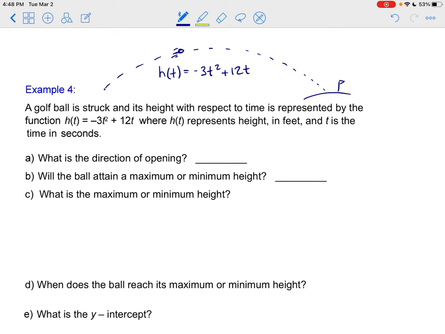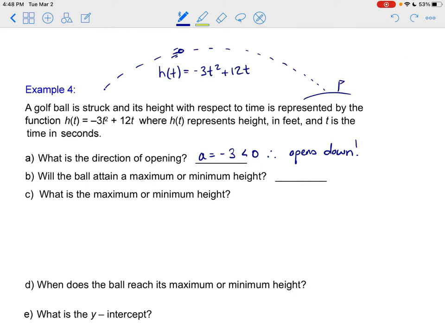I've kind of given it away with my little drawing there, but because our a value here is negative, so negative 3, that's less than 0, that tells us that it opens down. Hopefully you can see that anyways from just thinking about what this problem would be physically. Right? When you hit a golf ball, it doesn't sail up like that, right?